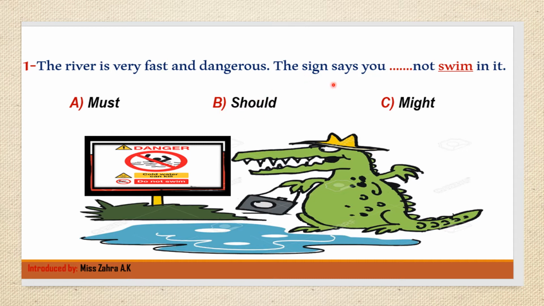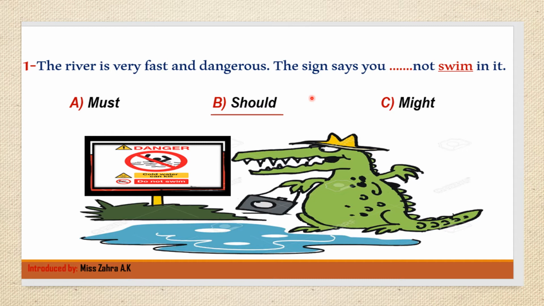The sign says you should not swim in it. ينبغي عليك ألا تسبح فيه. The river is very fast and dangerous. The sign says you shouldn't swim in it. أنت ينبغي عليك ألا تسبح فيه.